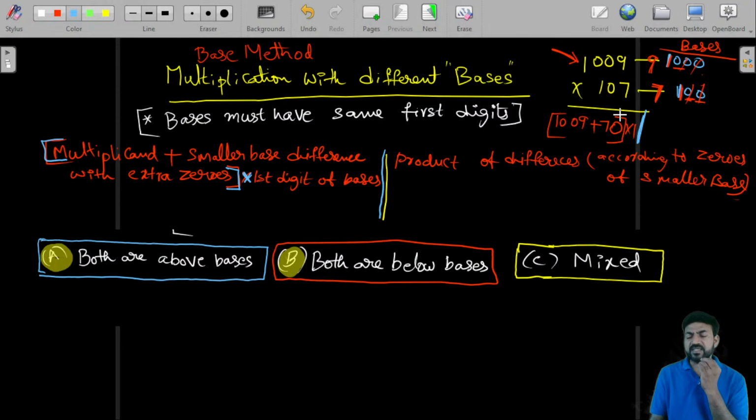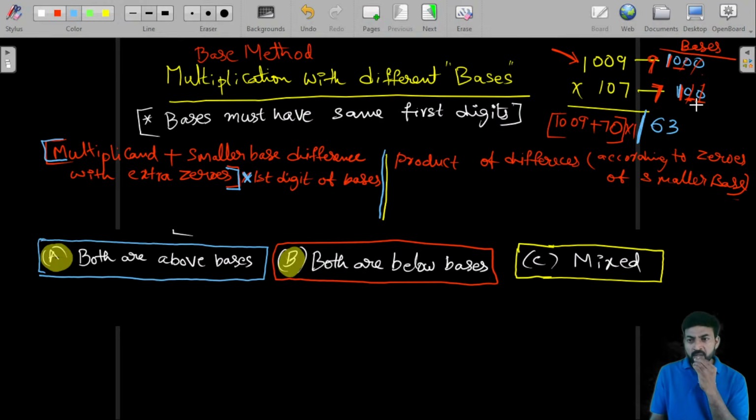So 9 sevens are 63, we got 63 directly. If the smaller base has three zeros, we have to add 0 in front of 63, not after 63. If you put 0 after, it becomes 630. That is the reason you have to keep 0 in front, 063.